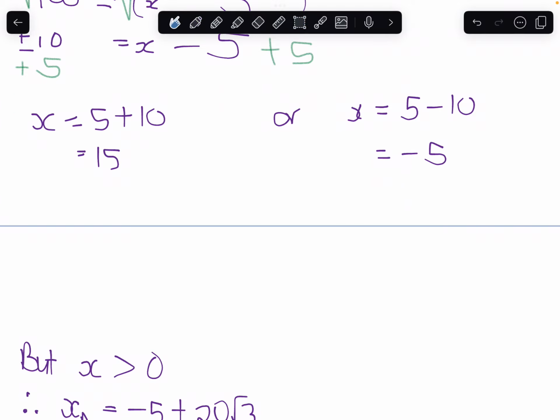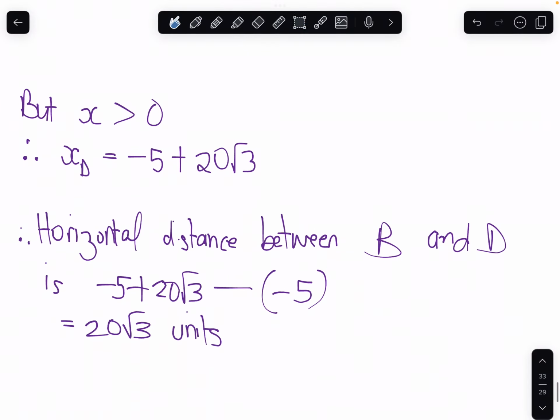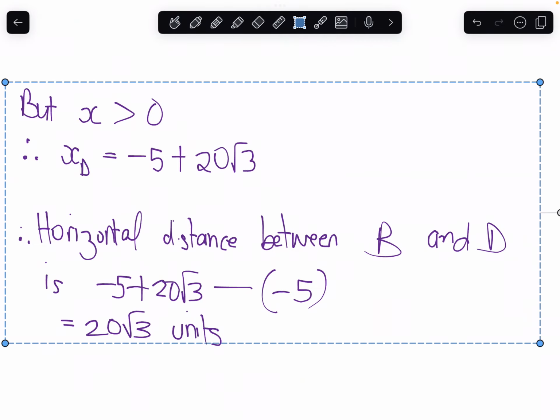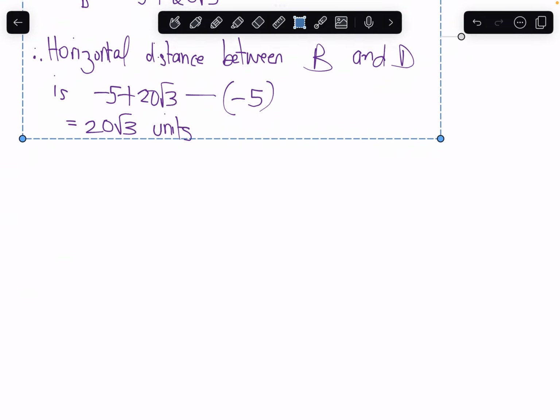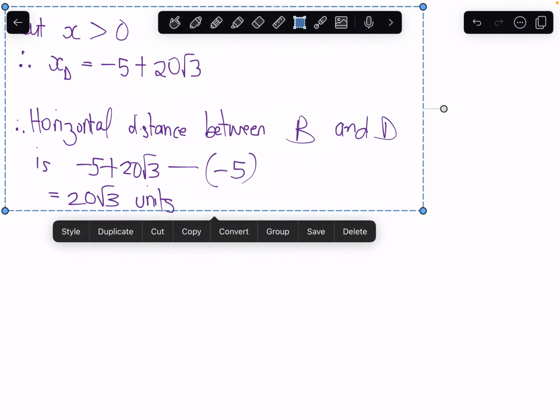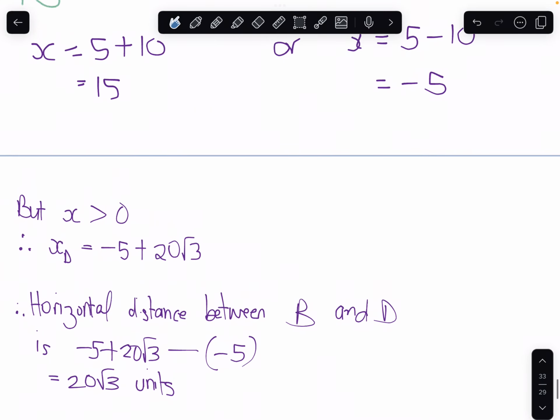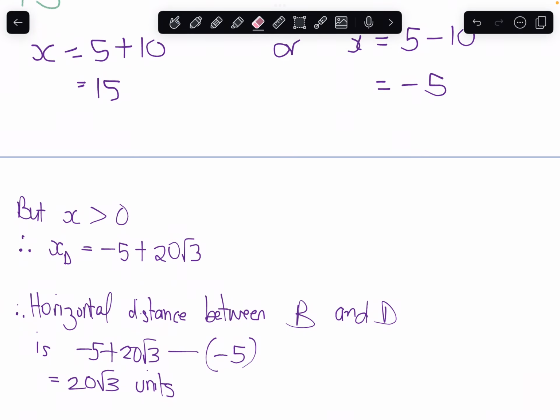And this is where we said, but wait a minute. Okay, but x is greater than 0 for the same reasons as stated before. So the x-coordinate of D would actually be 15.